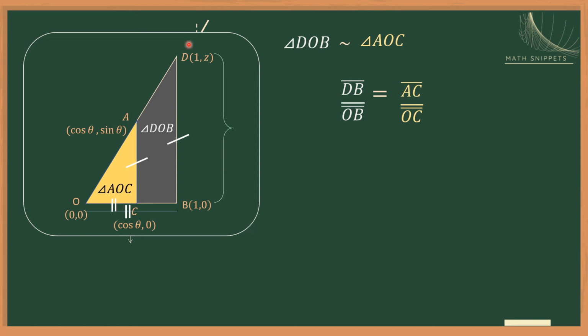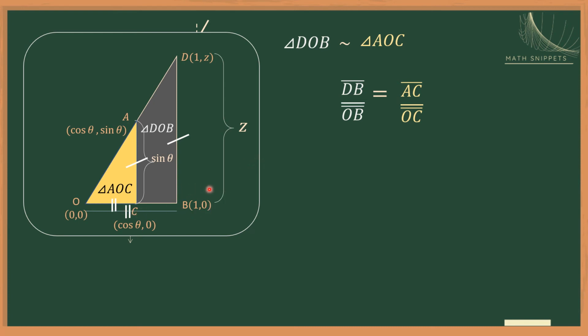Now the length of the height, side DB, is equal to Z. The base of the bigger triangle is equal to 1. And then the height of the smaller triangle is sine theta, and its base is cosine theta.